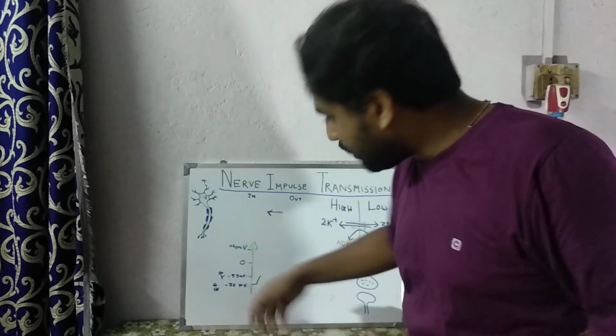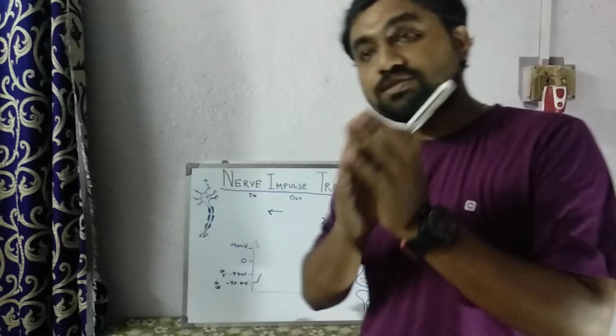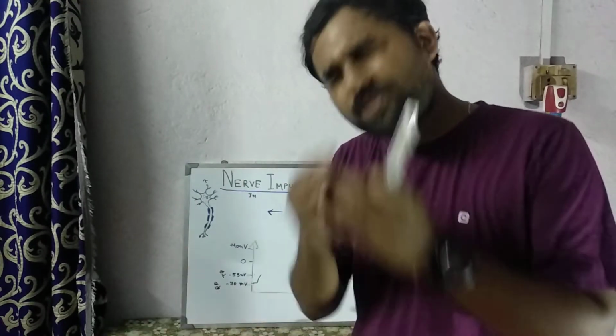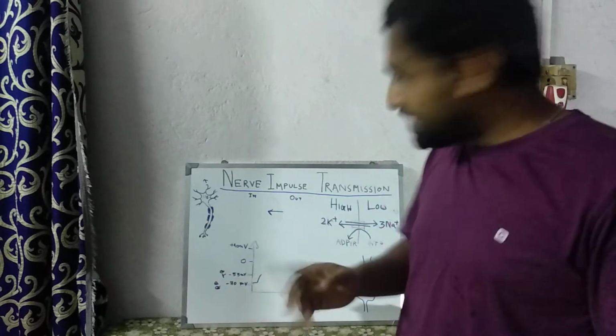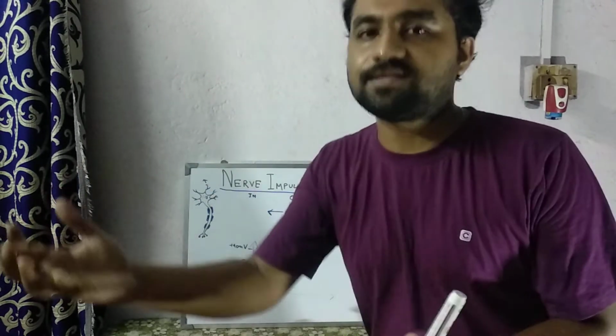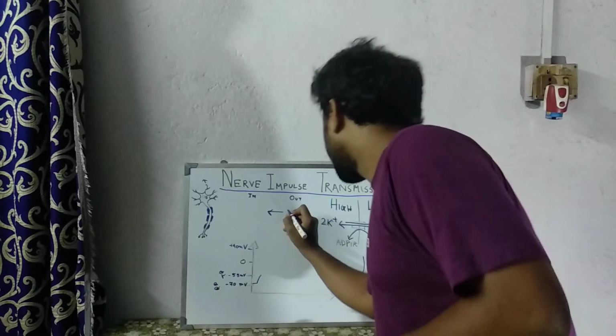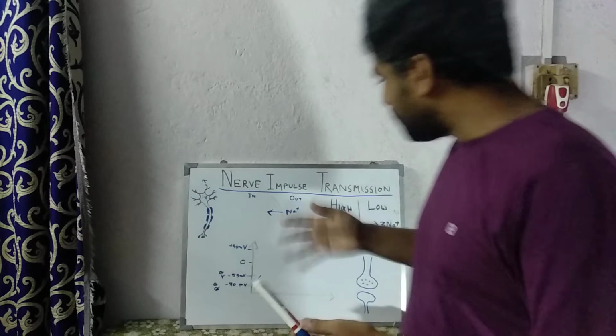So when the membrane potential attains minus 55 millivolts, all the voltage gated ion channels open. As a result, all the sodium ions, which are present in higher concentration outside the cell compared to inside, rush in.